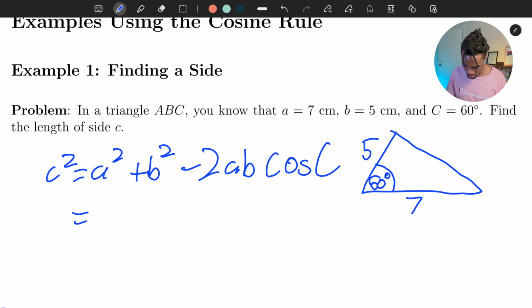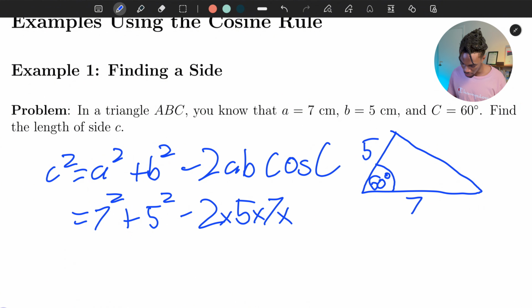It doesn't really matter, but I'm just going to follow what the question put: 7 squared plus 5 squared minus 2 times 5 times 7 times cos 60 degrees. Put this into the calculator.